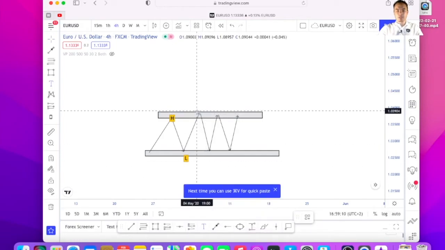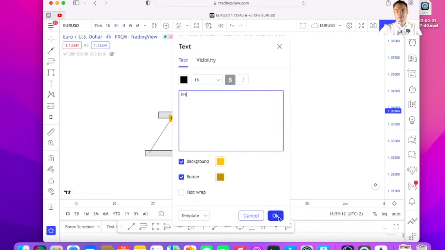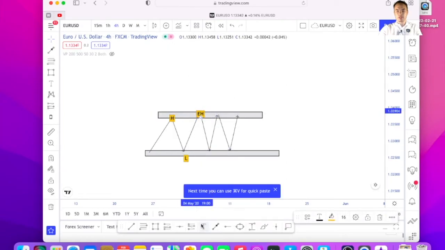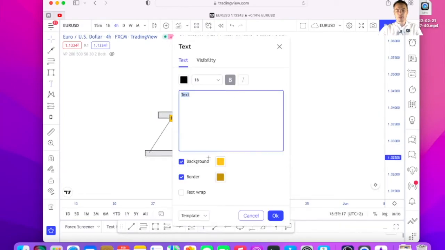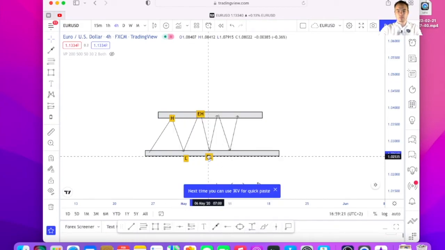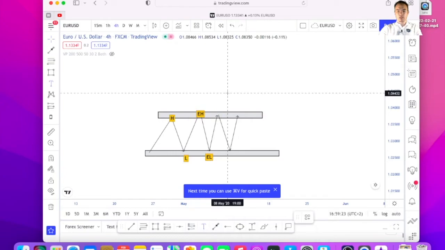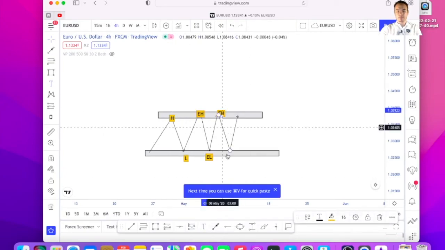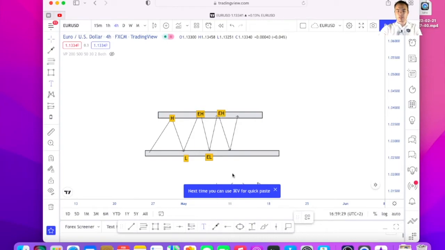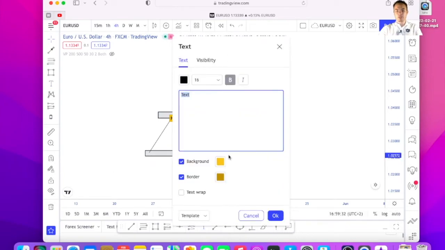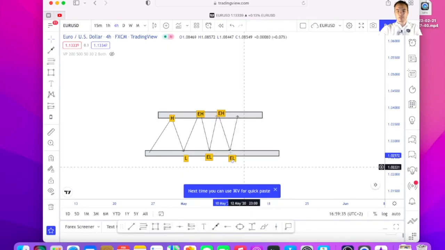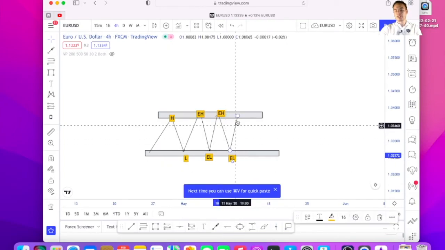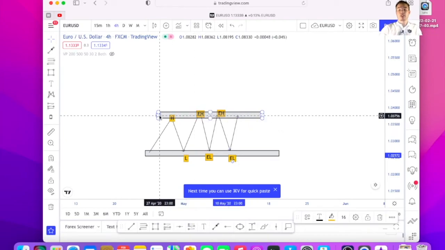Like I said, it'll make an equal high. Then it will come down, make an equal low. Come up again, make an equal high. Come down, make an equal low. And that's basically consolidation.